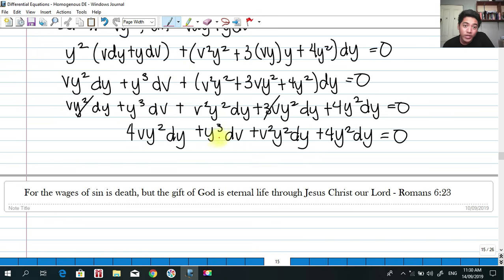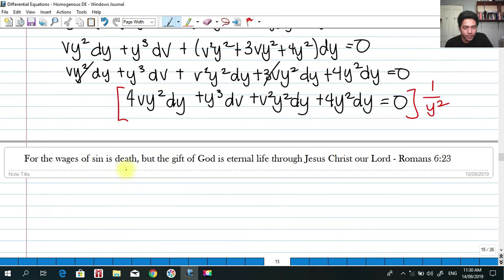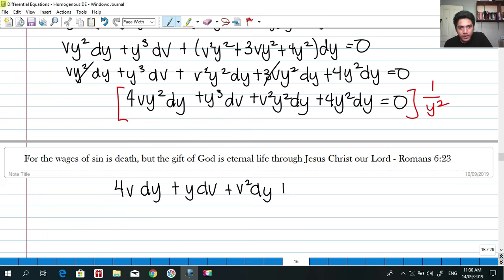If we divide by y squared, we're going to have 4v dy plus y cubed divided by y squared is y dv, plus v squared dy plus 4 dy is equal to 0.